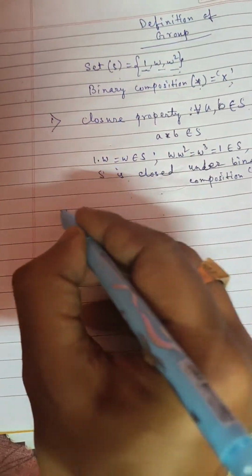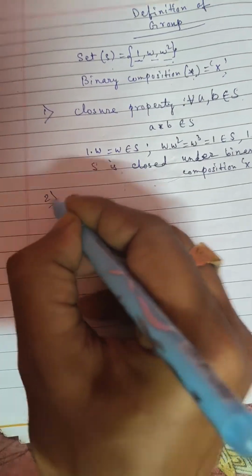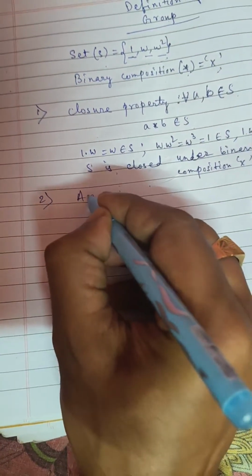Now we will check another property, which is the associative property.